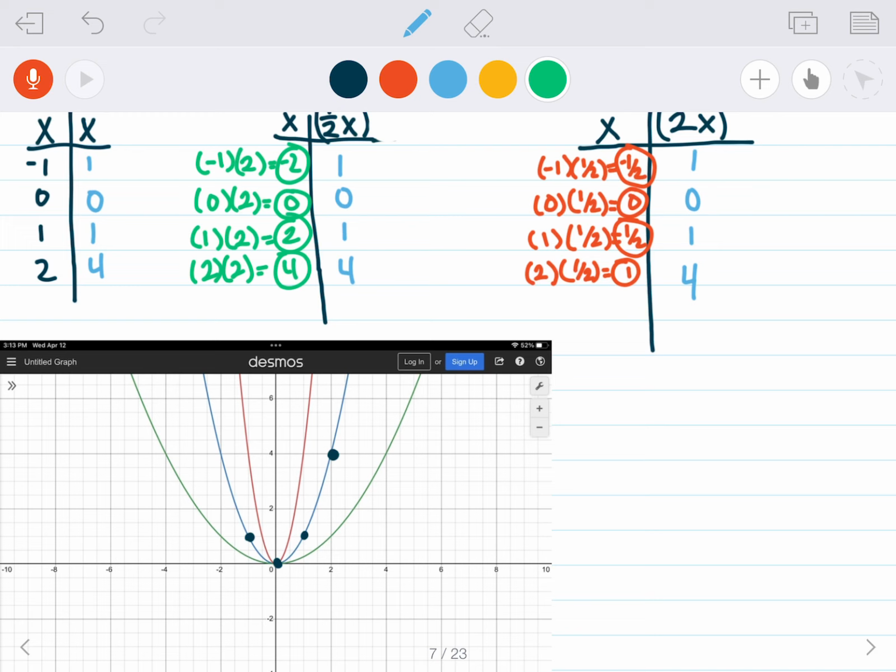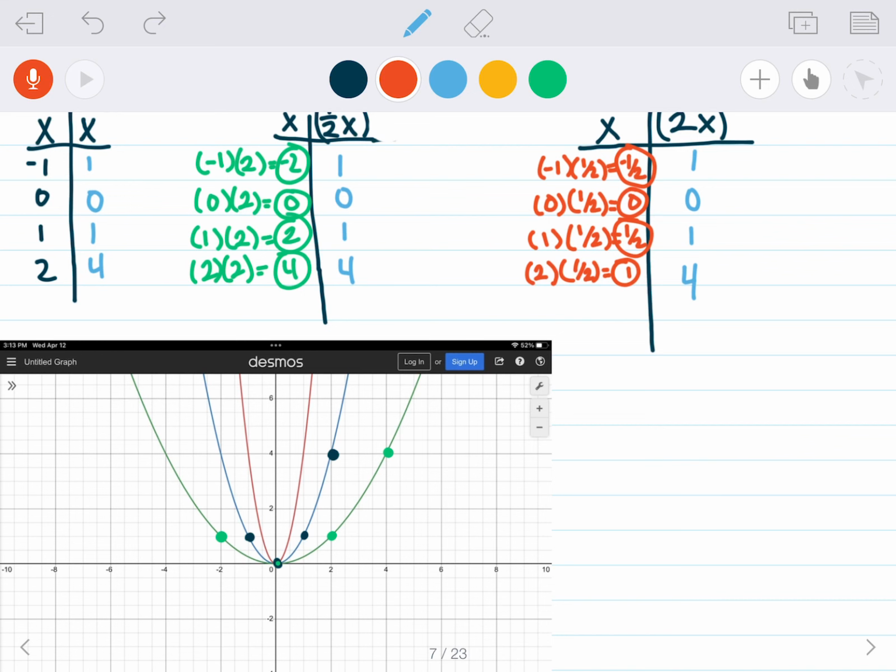So that's right here. 0, 0, 2, 1, 4, 4. All right. So horizontal stretch. We're stretching the points horizontally, as you can see here. And the graph looks fatter than the parent graph.